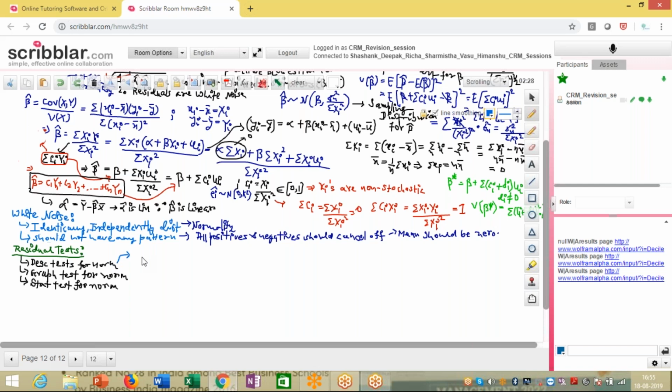Okay. So when I talk about the descriptive tests for normality, we look into the different descriptive measures. What are the different descriptive measures that we look at? We look into the mean, we look into the median. We generally expect the distribution to be symmetrically distributed, and the first condition is mean equals median equals mode.